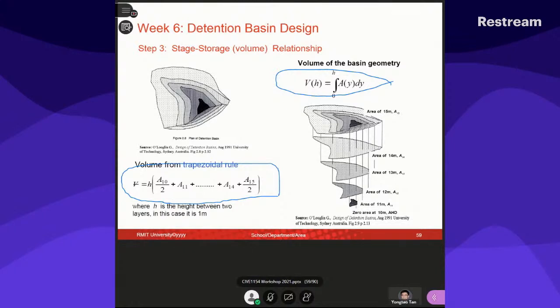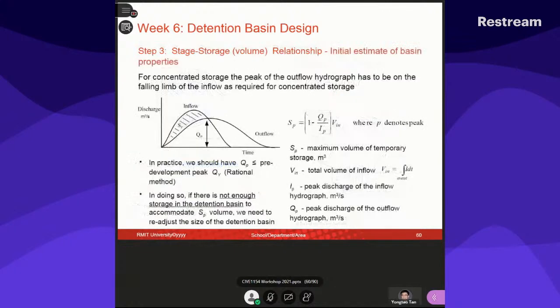If we get the area from the bottom to the top, we can get the volume of the detention basin by using the trapezoidal rule. So we can get the relation between the stage and the volume.